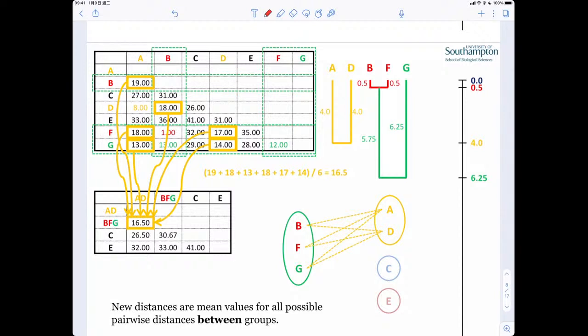We still do the math, the average distance, to calculate the distance between BFG and AD. At this moment, we combine BF and G. So right here, we put G and connect it. The distance is 16.5, right? So 16.5 is right here, and BF is right here, G is right here, and so on.